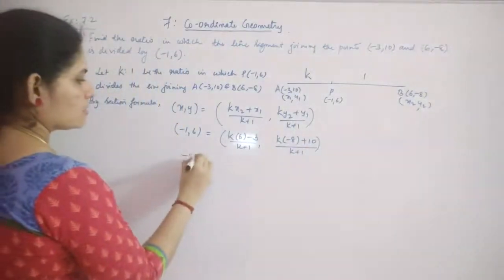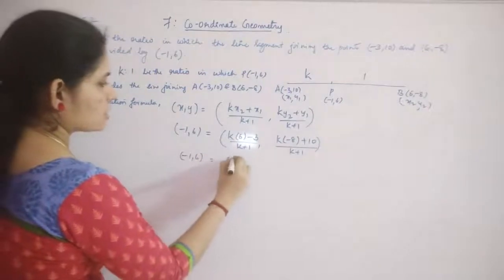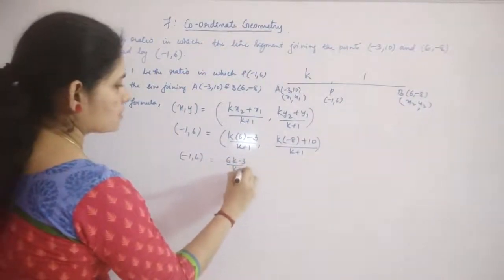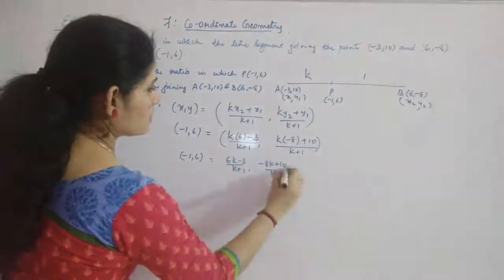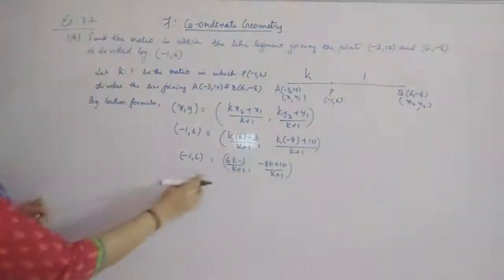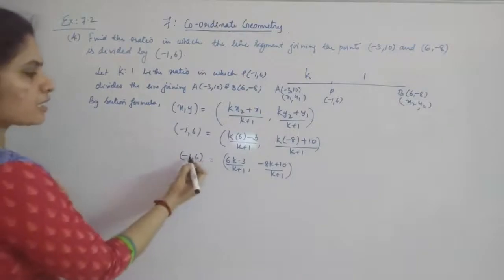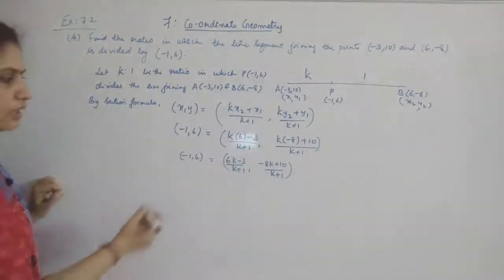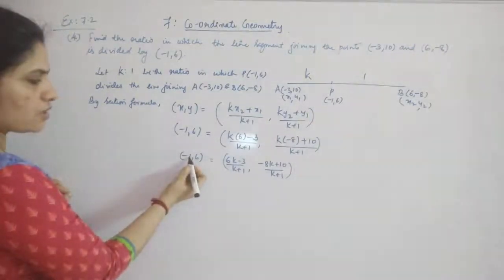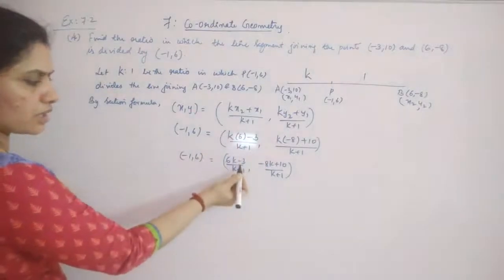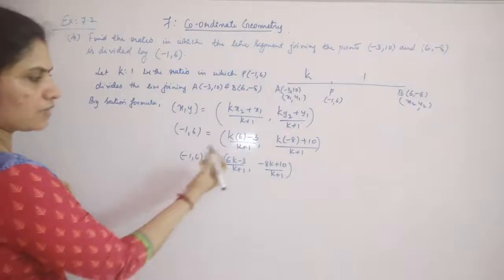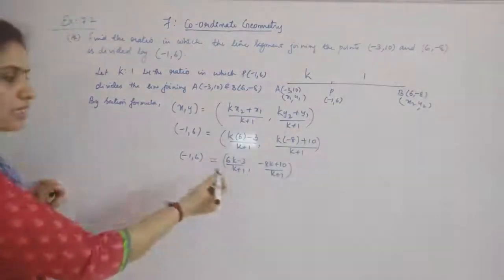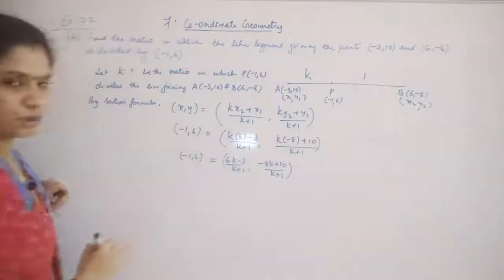So it is -1, 6 is equal to ((6k minus 3) by (k plus 1)), comma, ((-8k plus 10) by (k plus 1)). Now if two points are equal, their corresponding coordinates are equal. That means x coordinate of the left side will be equal to x coordinate of the right side, and y coordinate of the left side will be equal to the y coordinate of the right side.